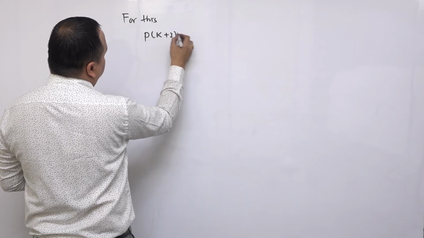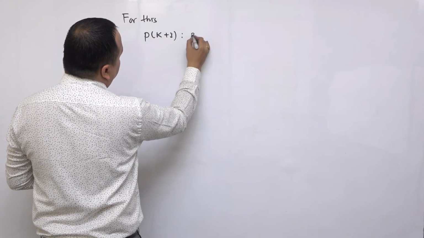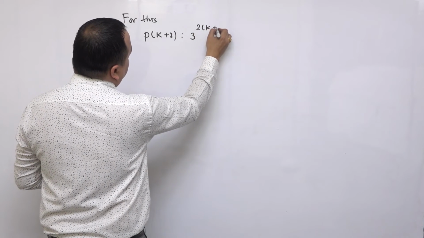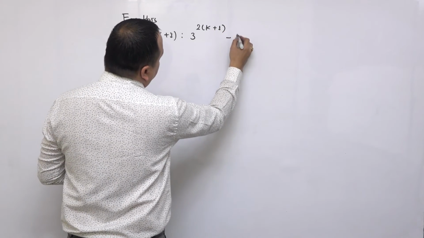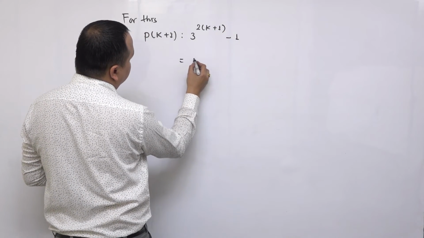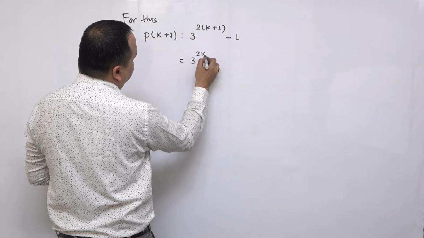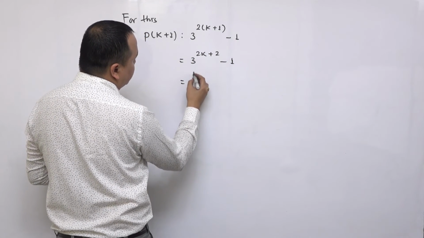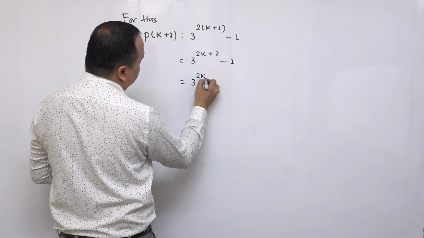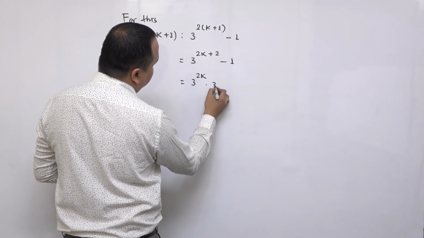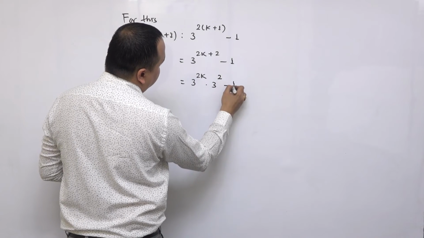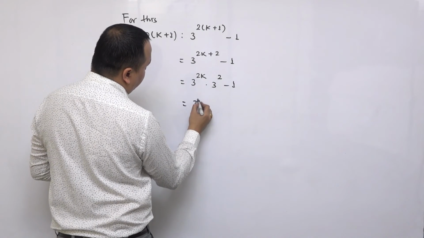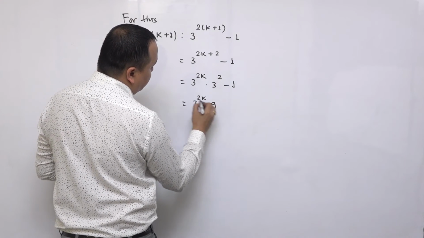For this, Pk plus 1 is 3 to the power 2 into (k plus 1) minus 1, and this is 3 to the power 2k plus 2 minus 1. 3 to the power 2k into 3 square minus 1, 3 to the power 2k into 9.